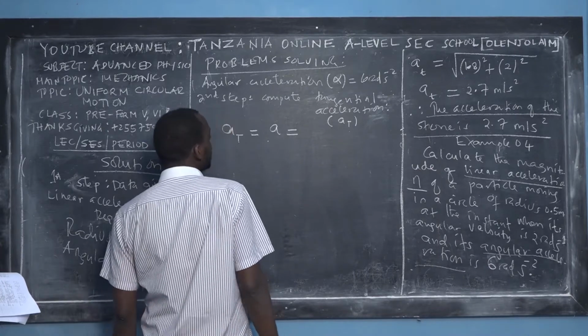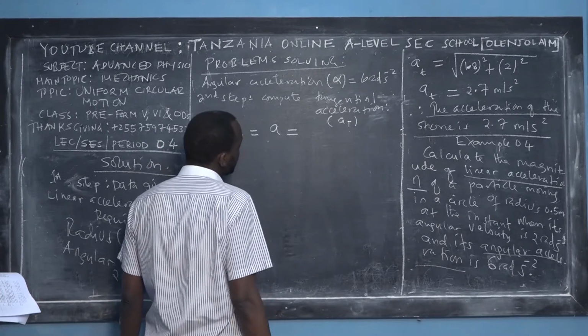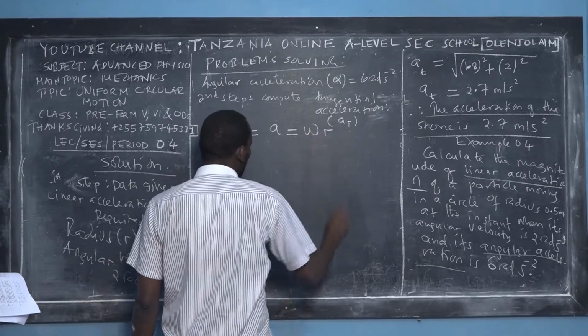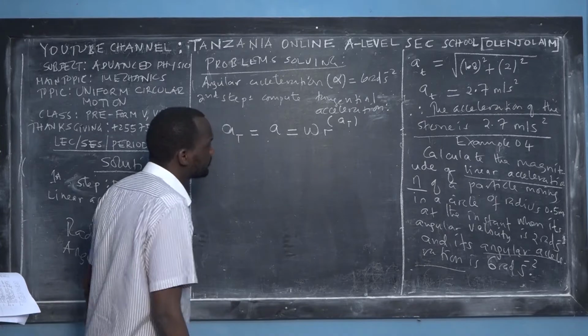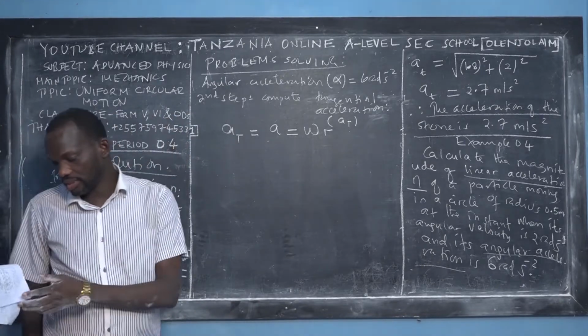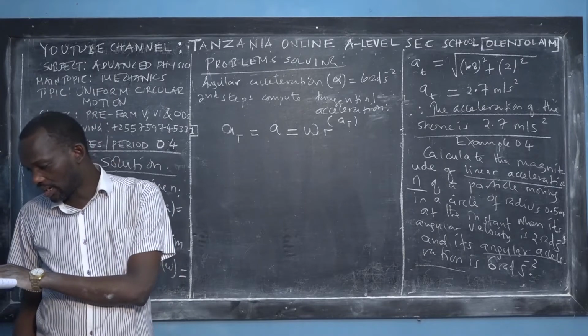So how do we find them? For velocity, we take angular velocity times radius r.